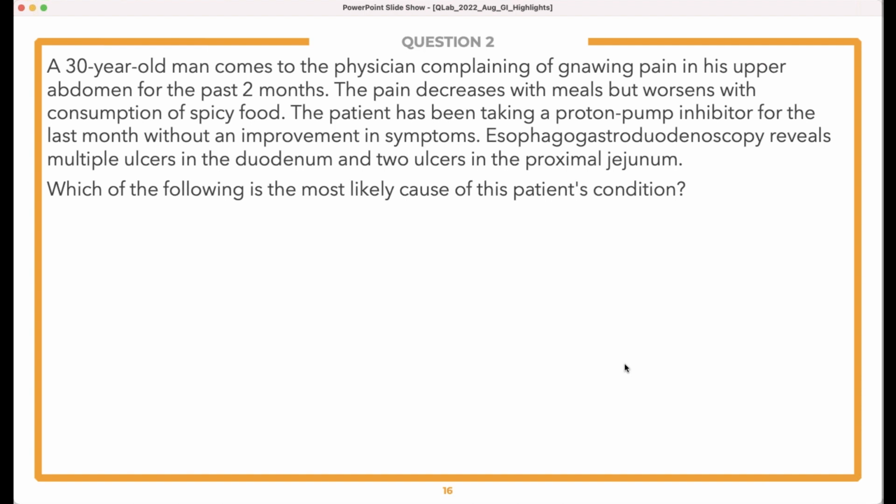Esophagogastroduodenoscopy reveals multiple ulcers in the duodenum and 2 ulcers in the proximal jejunum. So again, the question: Which of the following is the most likely cause of this patient's condition? Let us know how many steps you think it will take to answer this one by going into the question box and letting us know as I turn it over to Paris.